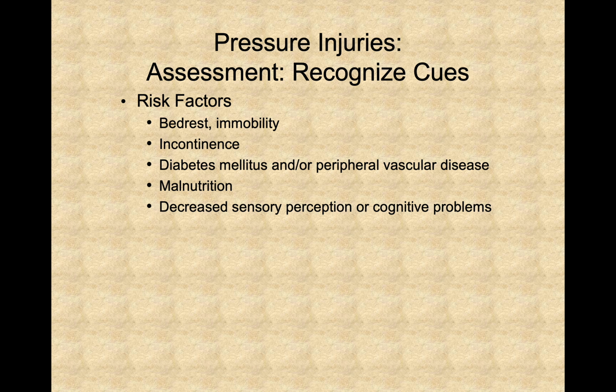Another consideration is moisture. When we have patients who have excessive moisture, it creates this environment where skin is more prone to break down, not only from pressure, but also other things like what we might call incontinent associated dermatitis.